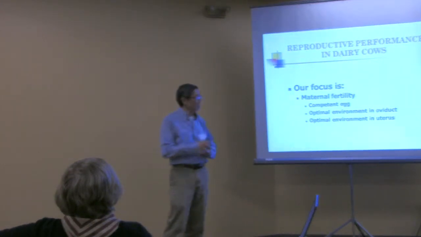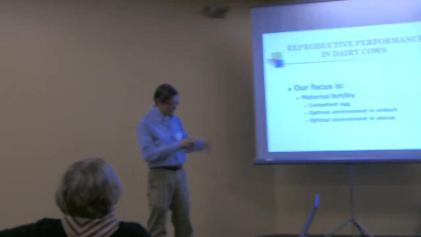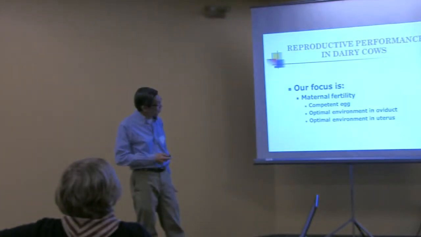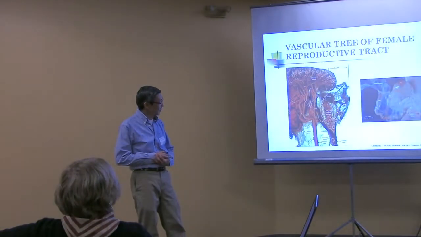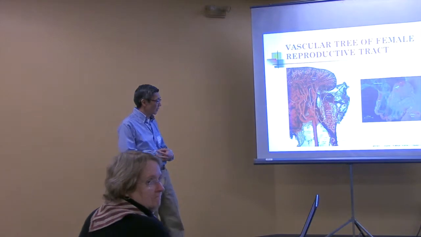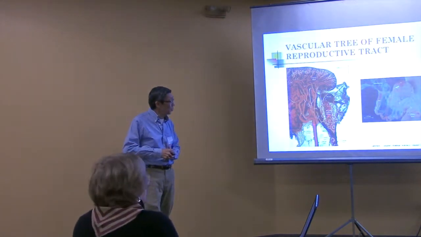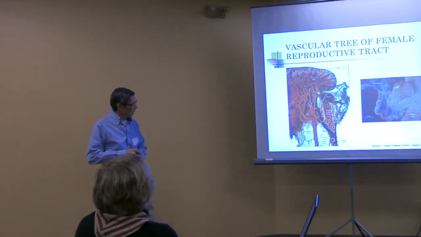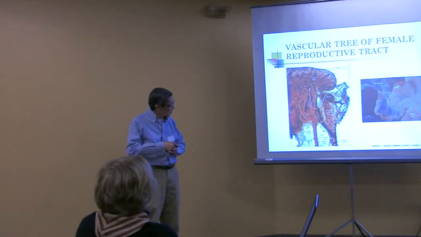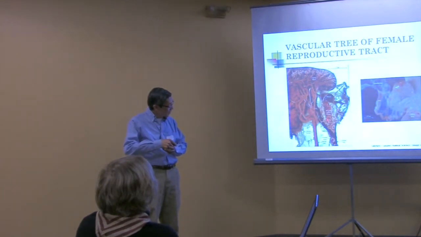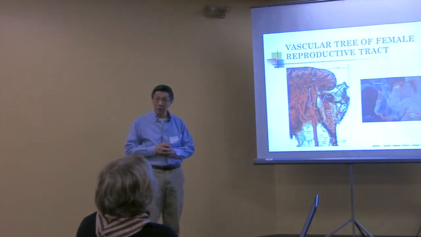In our minds, one link of these three events, so to speak, is the vascular tree, or the blood vessel system found in the reproductive tract. Here is a very beautiful picture of the extensive vasculature of the blood vessel system in the cow uterus, as well as the vascular system associated with the ovary.